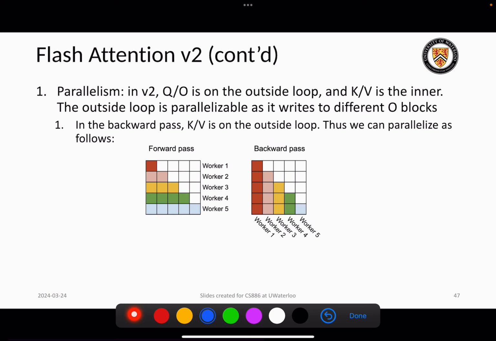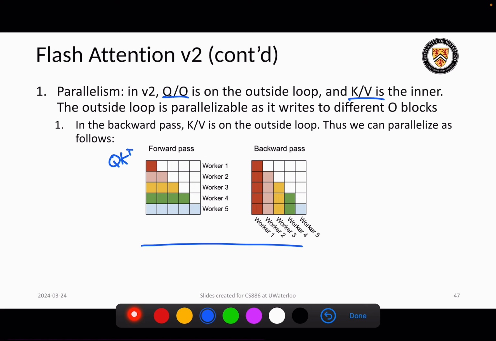Another thing that flash attention v2 does for us is parallelism. Recall that in flash attention, Q was in the inner loop. In v2, we keep it on the outer loop, because let's look at this diagram here. Consider this square to be QK^T.